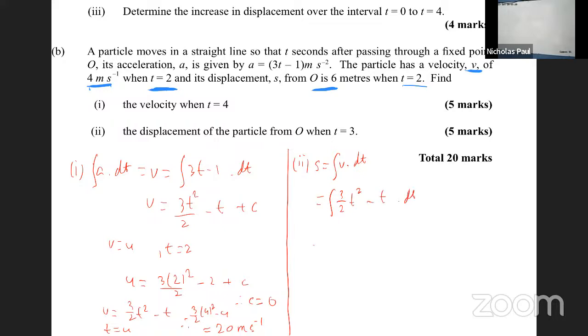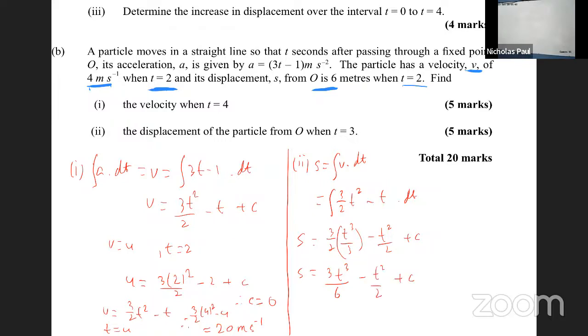When you integrate that, you'll get 3 on 2 t cubed on 3 minus t squared over 2 plus c. So s is equal to 3t cubed, 2 by 3 is 6, minus t squared on 2 plus c.